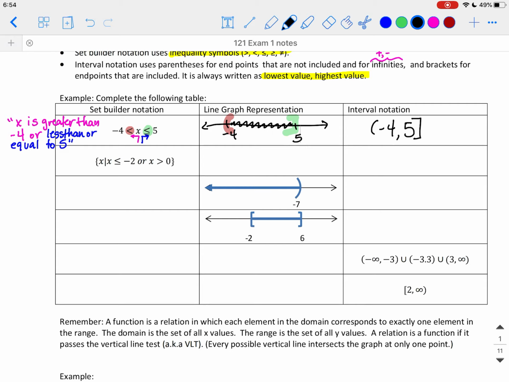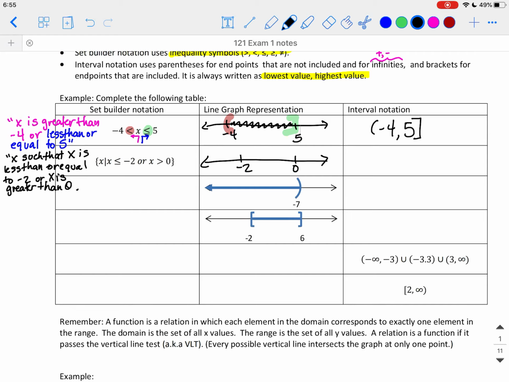Now the next one, this one is read x, and then that vertical line is going to be such that x is less than or equal to -2, or x is greater than 0. So our line representation, -2 is to the left of 0 on the number line.